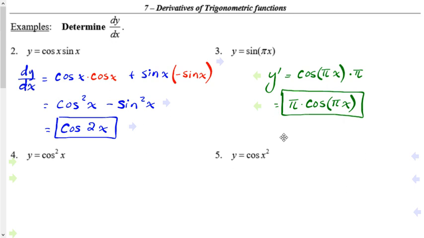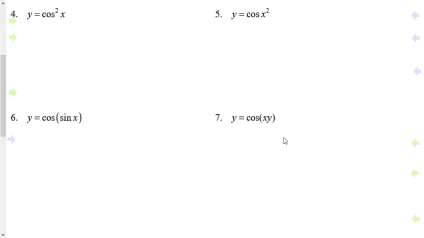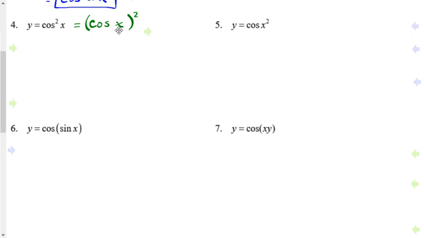Question number 4. Cos x squared. Well, I could think of this with the product rule or as a chain rule. So I think I'll think of it like a chain rule where I have cosine x as my inside function, and then squared is my outside function. And so chain rule says I bring the 2 down in front.